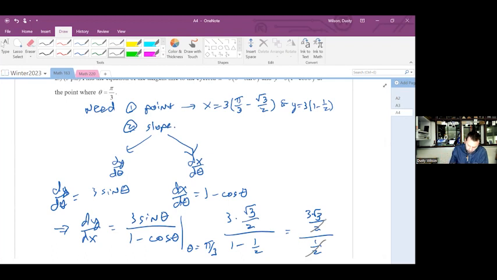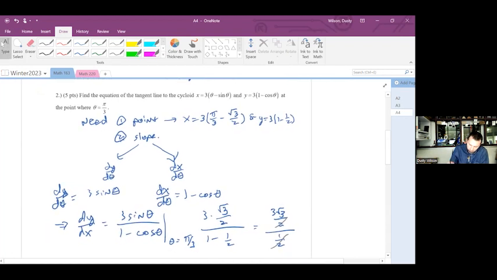I think I did. Let me just check something here. Oh, this should have been 3 minus 3 cosine theta, so this would be 3 minus 3 cosine theta multiplied by 3. And there, that 3 is going to cancel with the 3 above, leaving you with just square root of 3. So this is your slope.